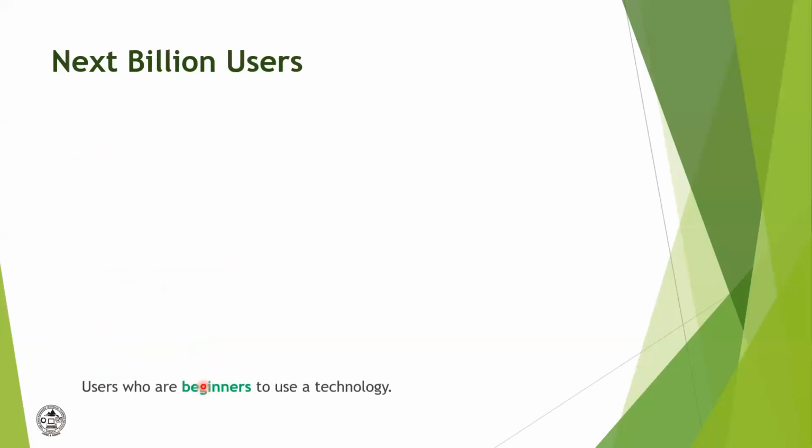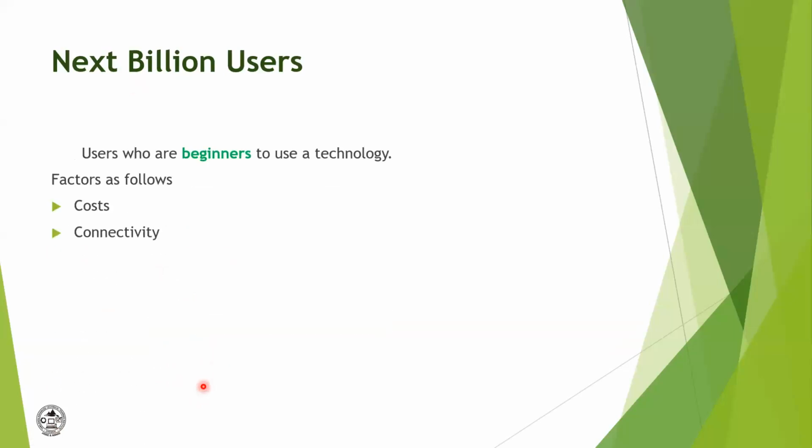See, who are the next billion users? Users who are beginning with technology. They have started to use mobile applications only now, right? It should be cost efficient, and consider connectivity, digital literacy, and personal literacy.